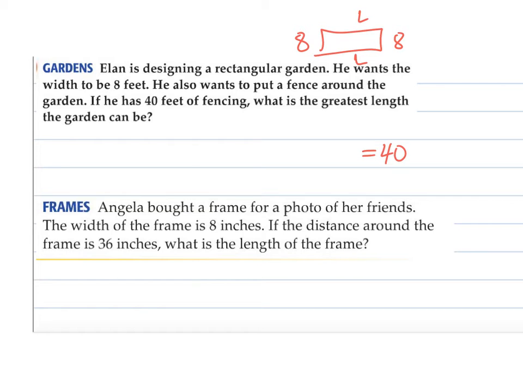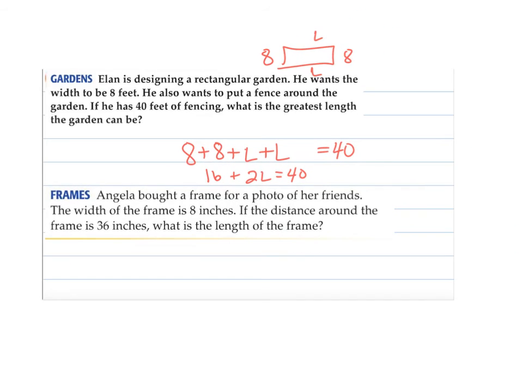So now we're working backwards. So width plus width, and then you're going to add each of the lengths on there. Now 8 plus 8 is 16 plus 2 lengths equals 40. Now, using our knowledge from last unit for solving two-step equations, subtract 16 from both sides. 40 minus 16 is 24.